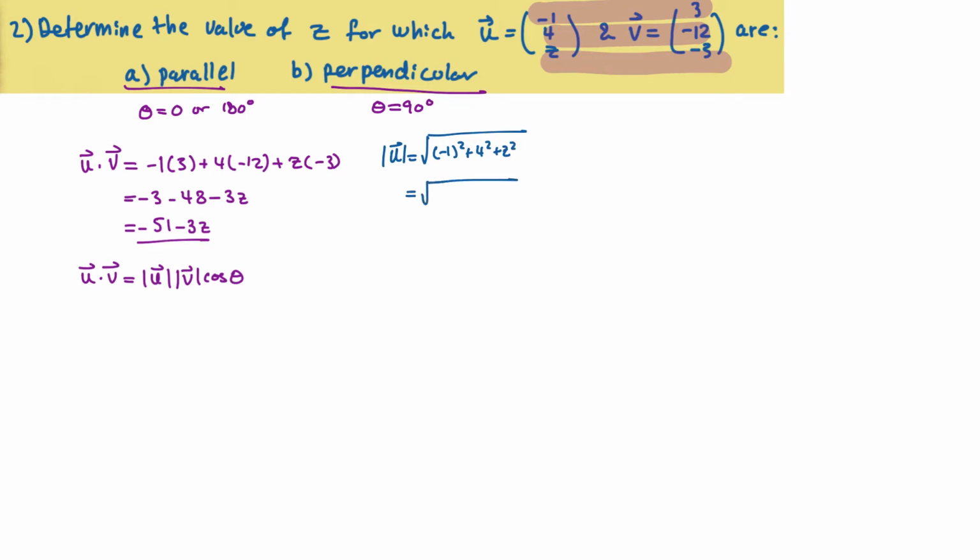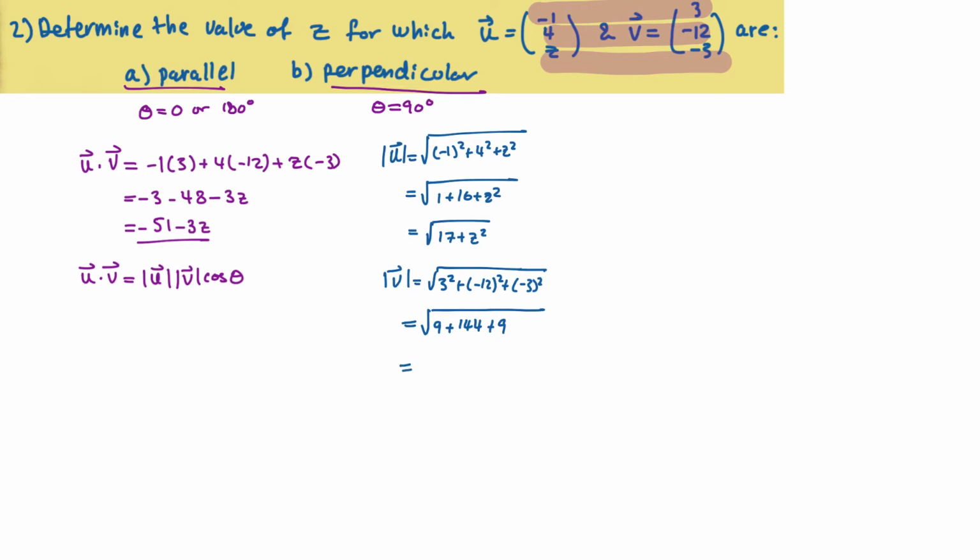And when we do this, we get 1 plus 16 plus z squared, and that's equal to root of 17 plus z squared. The magnitude of v is equal to root of its x component squared plus the y component squared plus the z component squared. And when I do this, I get 9 plus 144 plus 9.